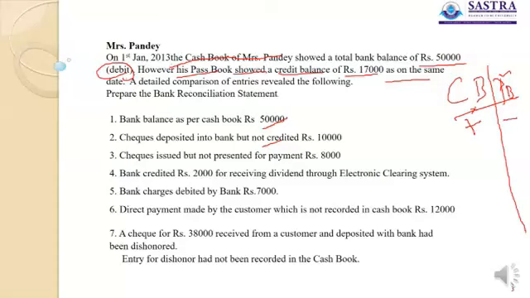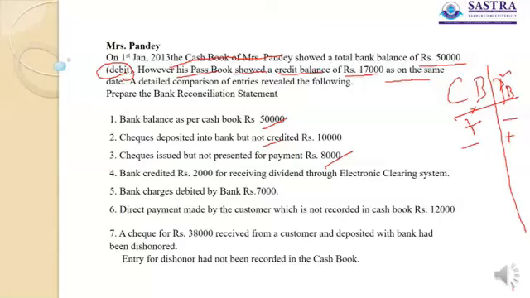Then come to the next transaction, the checks issued but not presented for payment. It is 8,000 rupees issued, might have been entered in the cash book as payment, whereas in the passbook as plus, because the person to whom the checks were issued might not have presented them in their accounts for collection.